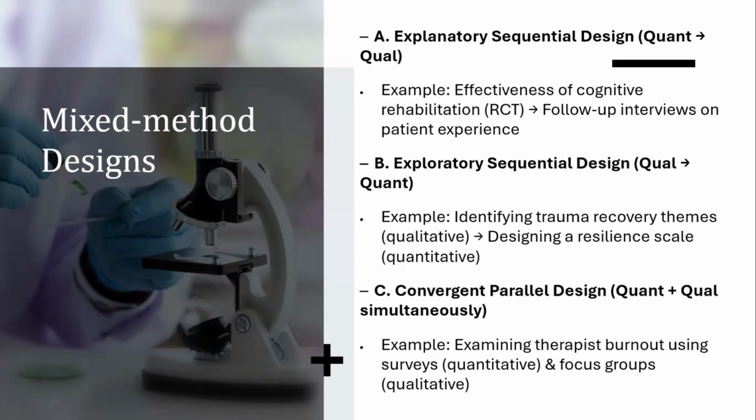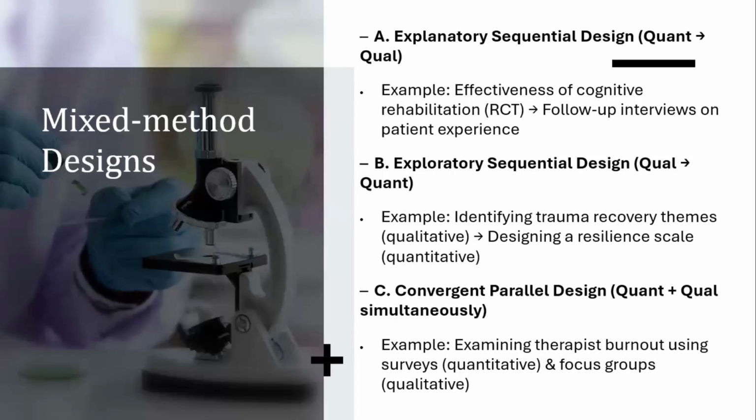These designs have to do with which one you do first. So for example, you say you want to gather mixed method data, so you gather quantitative and qualitative. Which one will you gather first? Will you start with quantitative and then gather qualitative? Or do you start with qualitative before you go to quantitative? Or do you gather both of them at the same time? Because whichever way you choose has implications for your research questions and your methodology. Okay?